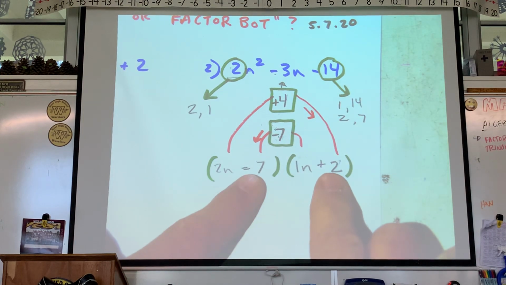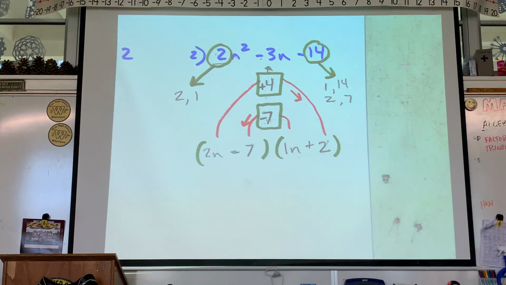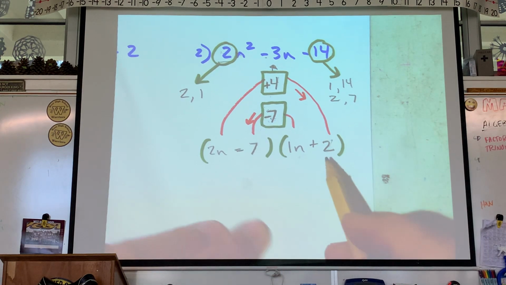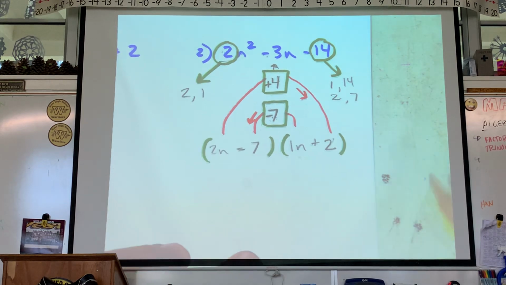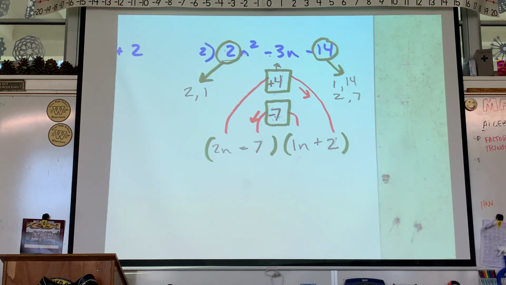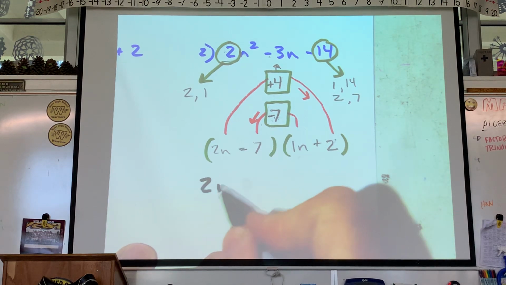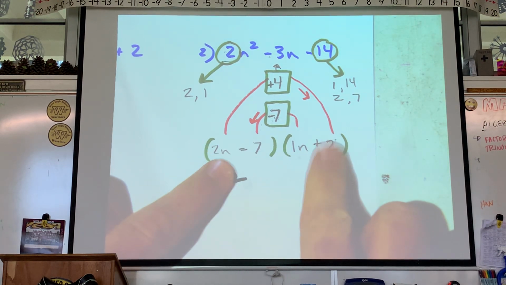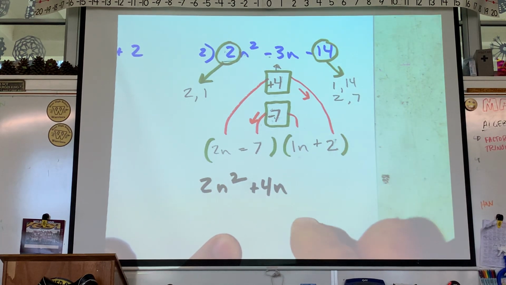I also know that if I foil this, and I didn't show you guys this before, first, outer, inner, last, you should get this answer. So I'm going to do that. The firsts: 2n times 1n is 2n squared. The outers: 2n times 2 is plus 4n.